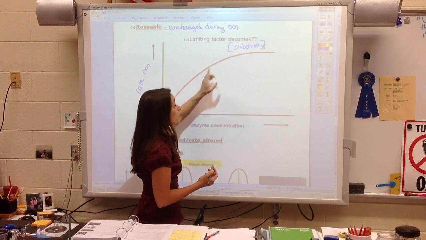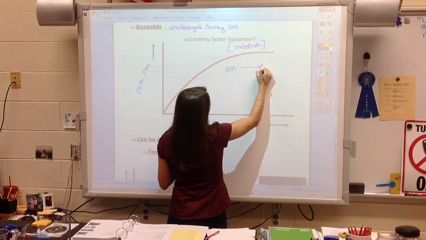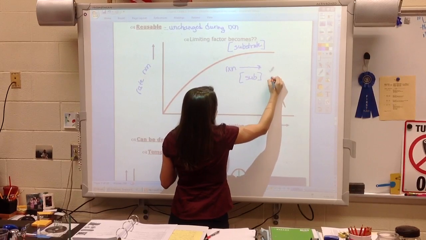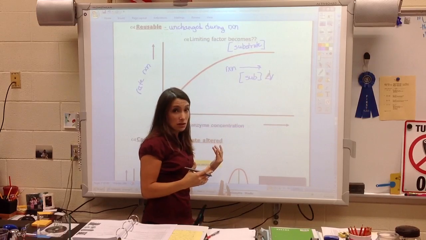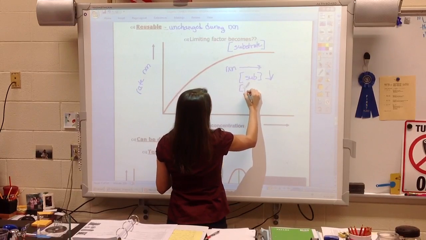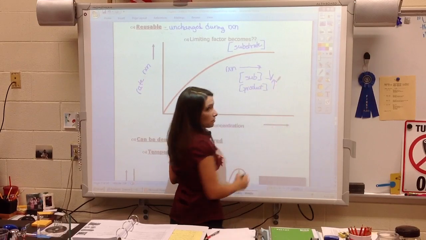Because we know that as the reaction proceeds, the concentration of the substrate should decrease. The substrate's being consumed by the reaction. The concentration of the product is going to increase.